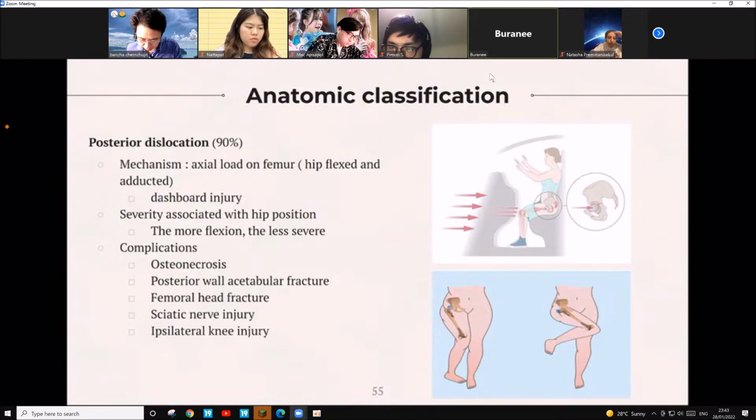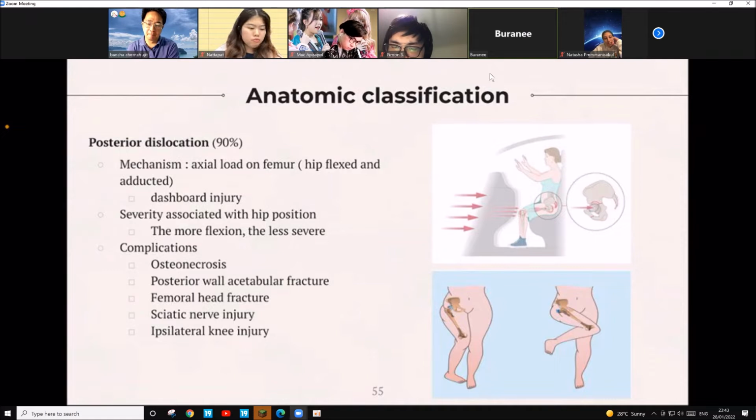The posterior dislocation occurs in almost 90% of hip dislocations. The mechanism would be axial loading on the femur when the hip is flexed and adducted, as in the dashboard injury. The severity is usually associated with the hip position.